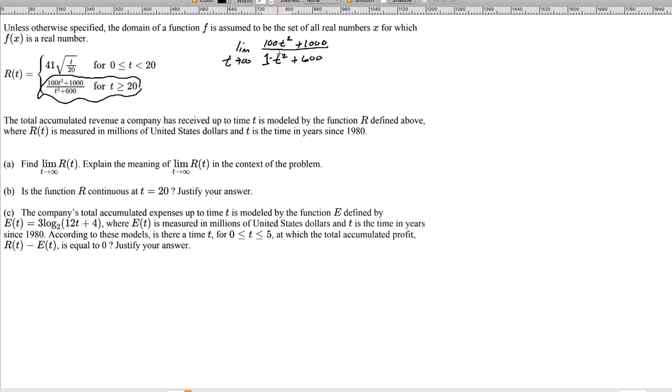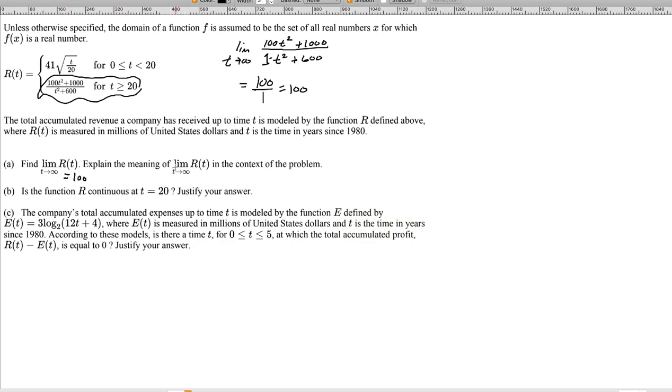And in the case where they're equal, like in this case, it just simply becomes the division of the coefficients next to those highest exponents. So it's 100 divided by 1, which is just 100. So this limit as t goes to infinity of r of t equals 100.